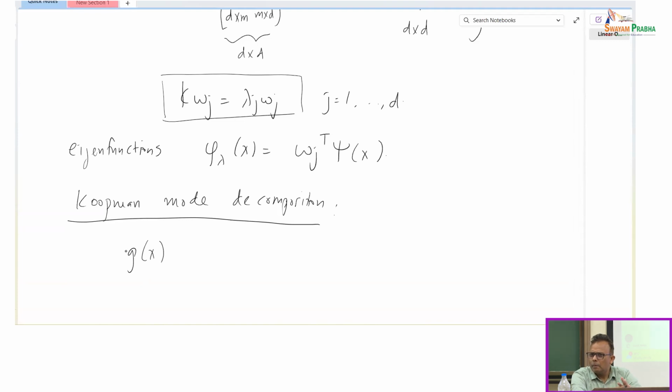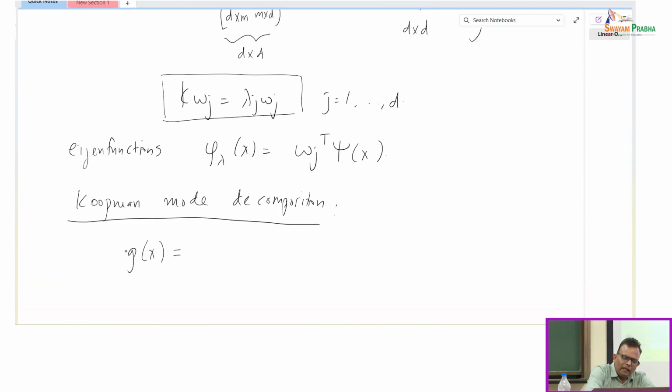Now I'm going to tell you how to use Koopman to propagate this distribution of initial points forward in time. What you could do is write this g of x in terms of the eigenfunctions of this Koopman operator.